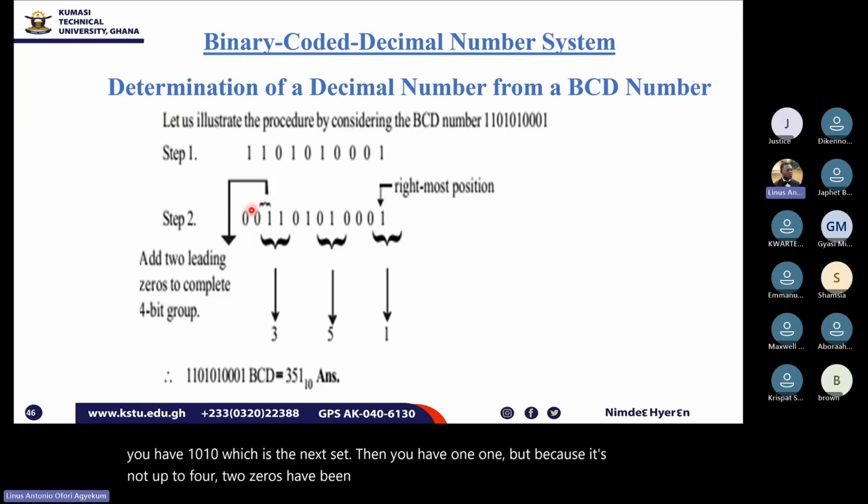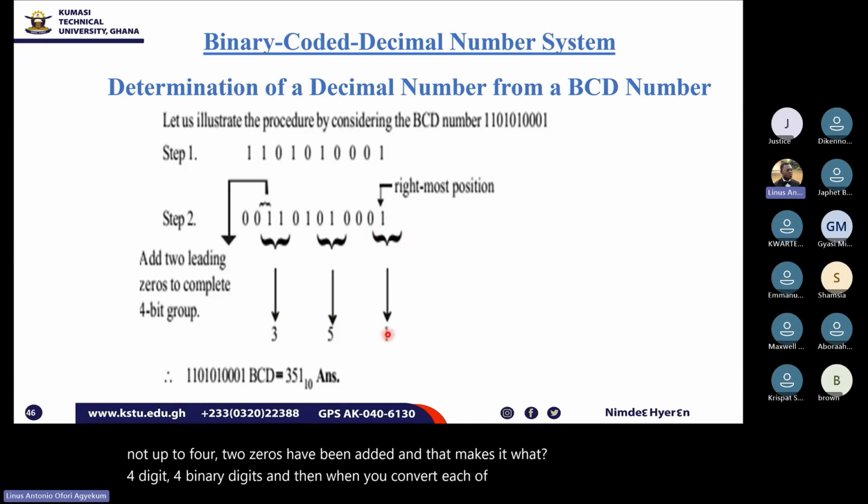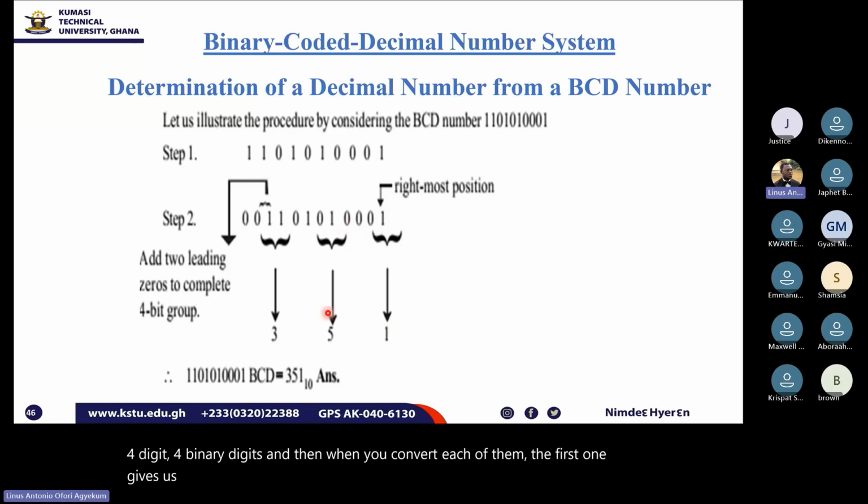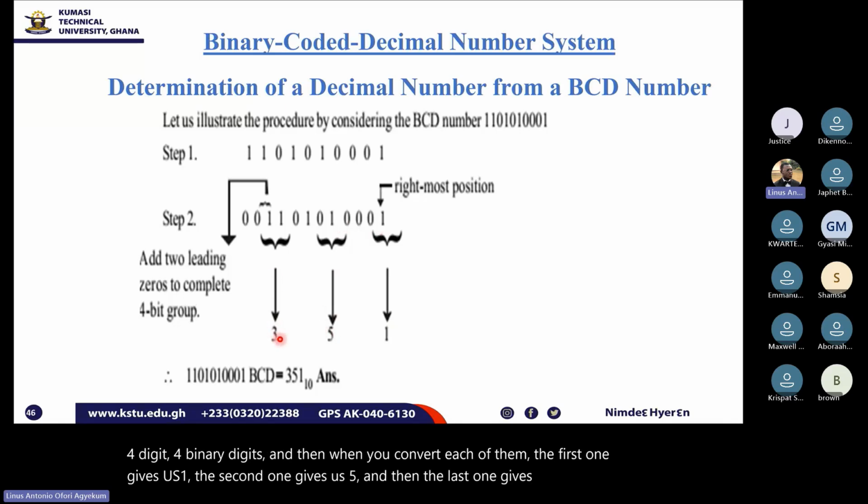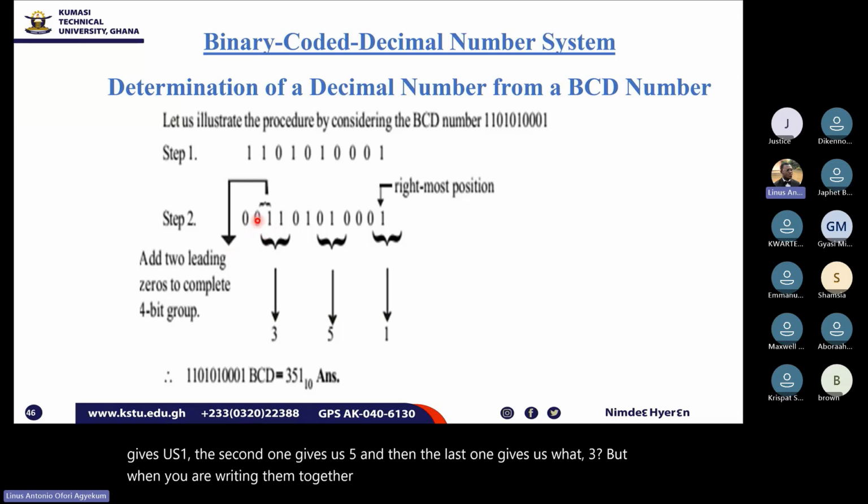And that makes it what? 4 binary digits. And then when you convert each of them, the first one gives us 1, the second one gives us 5, and then the last one gives us what? 3. When you are writing them together, we don't even need to rewrite the zeros.